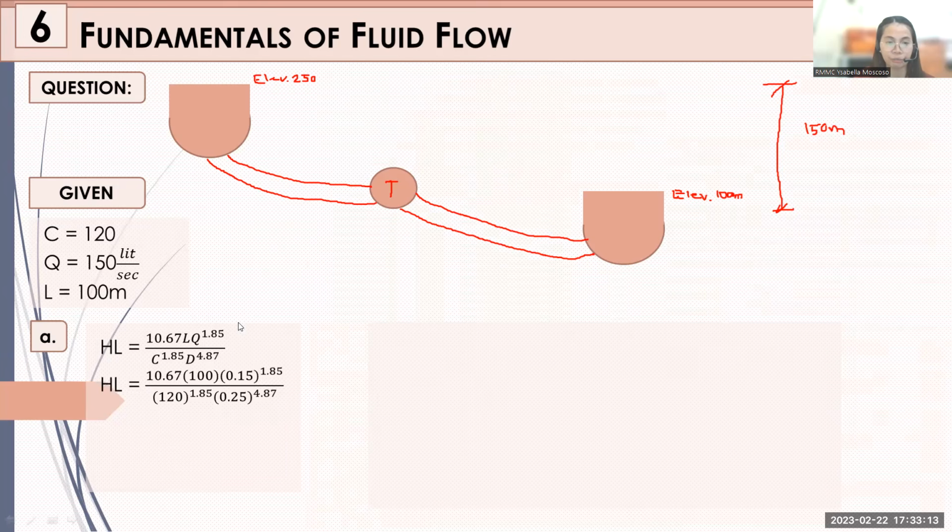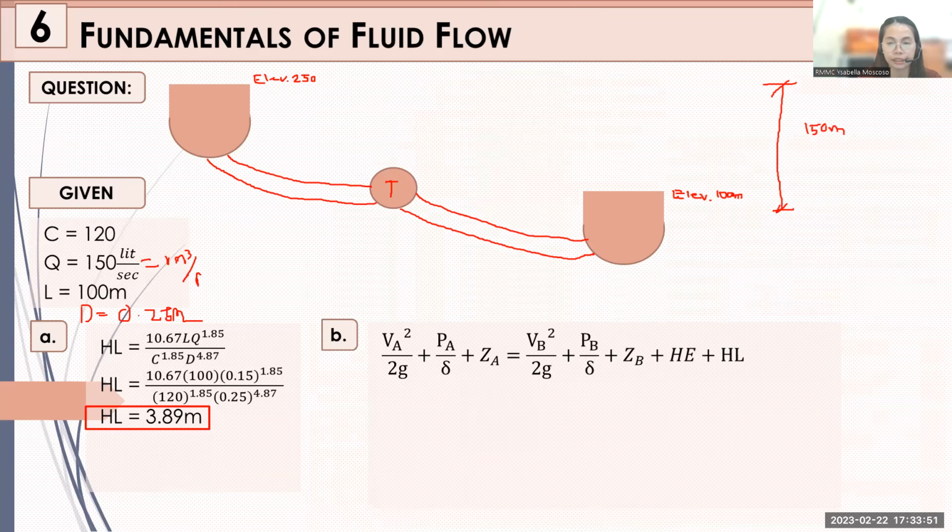The length is 100 and you have 0.15 as your Q. Since it is in liters, convert that to cubic meters per second, and we all know that 1 cubic meter is equal to 1,000 liters. I also add the value of your diameter, which is 0.25 meters. I just want to see how you solve the turbine. Therefore, your head loss is 3.89 meters.